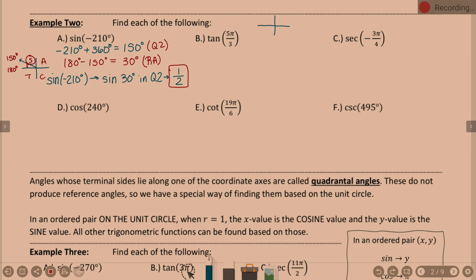Is 5 pi over 3 closer to 1 pi or 2 pi? 2 pi, because 2 pi is 6 pi over 3, and 1 pi is 3 pi over 3. We talked about that last week: turn those 1 pi and 2 pi into fractions appropriate for the problem. So that means 5 pi over 3 is down there. Correct?